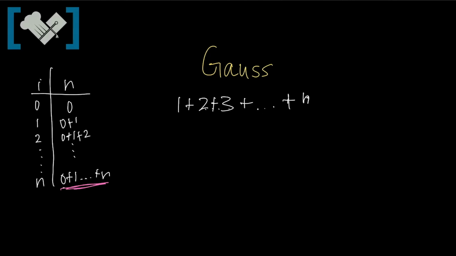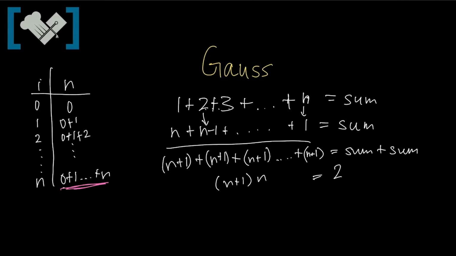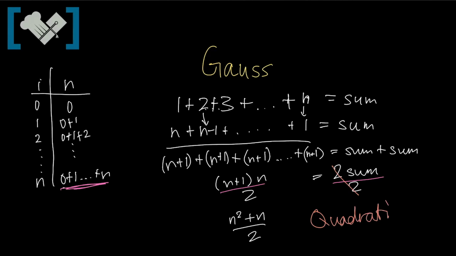He found that if you reversed the sum and added them together, you would end up with n plus 1 over and over again, as you can see here, happening n times. Adding these together, however, meant you would get 2 times the total sum. So if you divide it by 2, you would end up with (n plus 1) times n all over 2. Simplifying this, we get (n squared plus n) over 2, which, you guessed it, is quadratic.